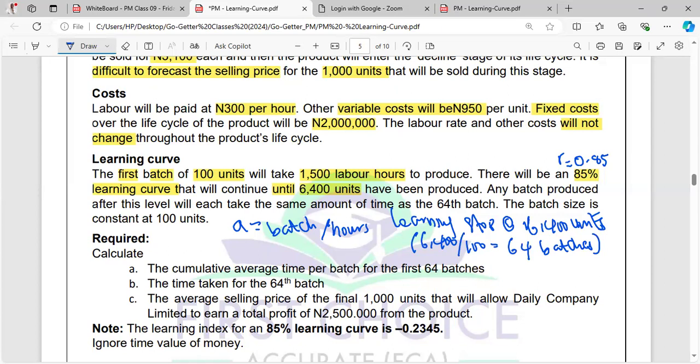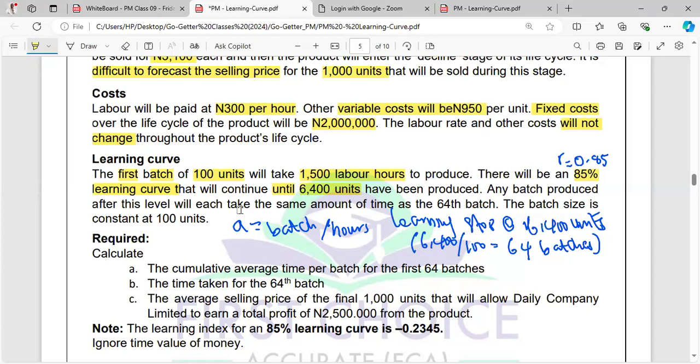They are trying to confuse you here with units and batches. So once it's recognized that it's going to be batch, if they give you units, please convert to batch. They should have just said 64th batch.